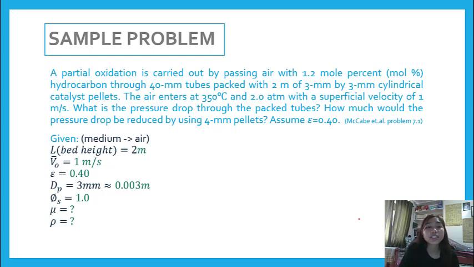The air enters at 350 degrees Celsius and at 2 atm with a superficial velocity of 1 meter per second. What is the pressure drop through the packed tubes? And how much would the pressure drop be reduced by using 4 millimeter pellets? And assume a porosity of 0.40. So what should we do first?